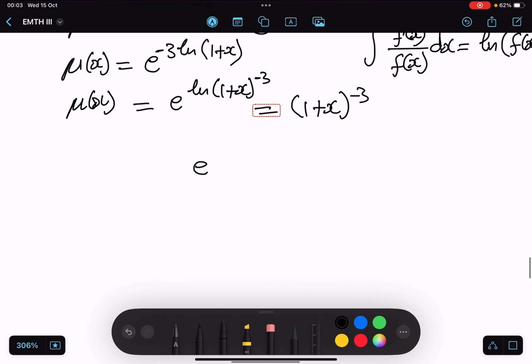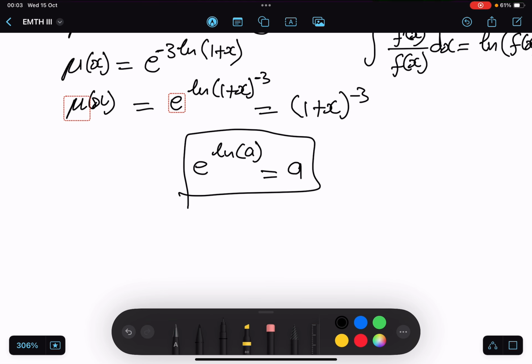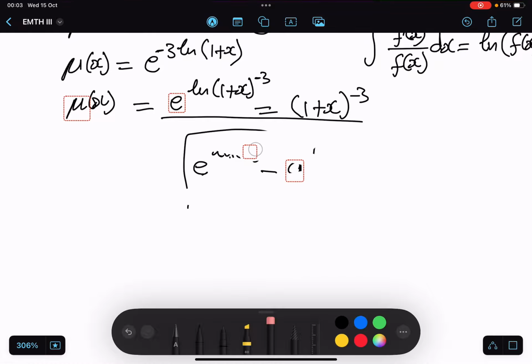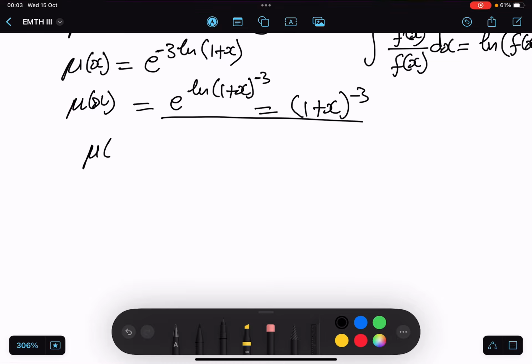Remember, e to the power ln a is the same thing as a. So our integrating factor u(x) is (1 + x)^(-3).